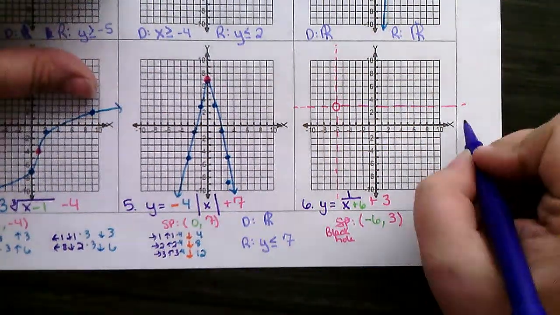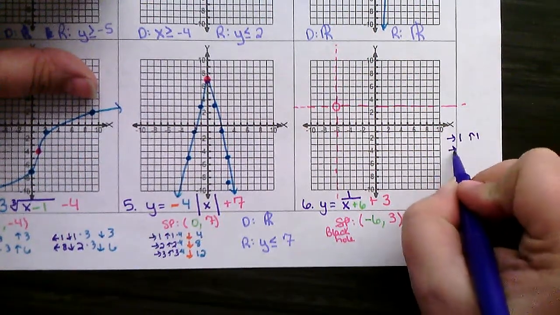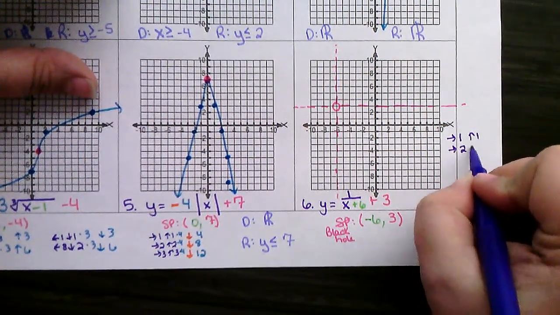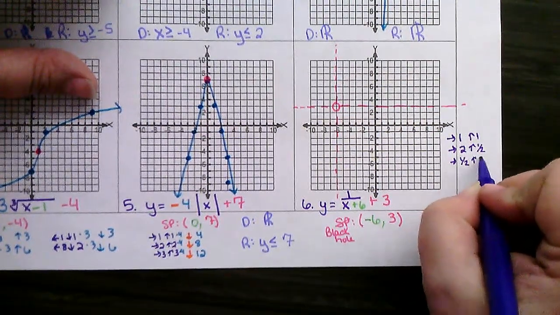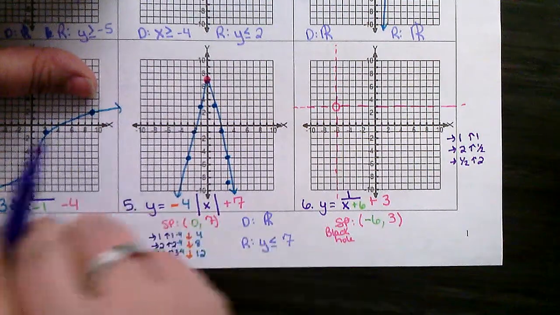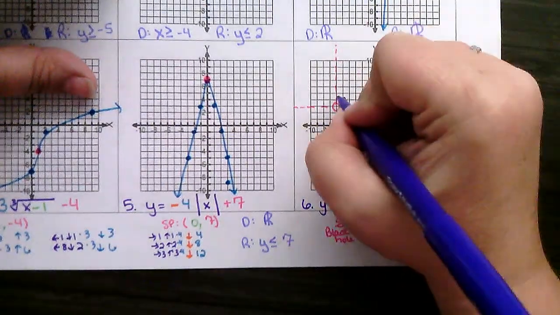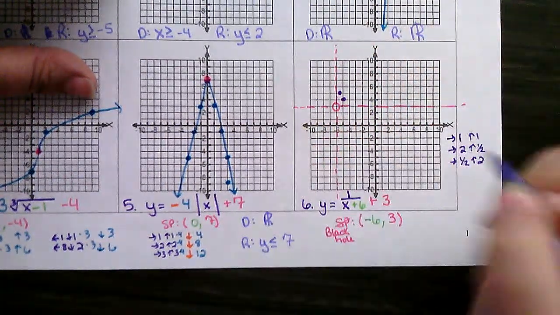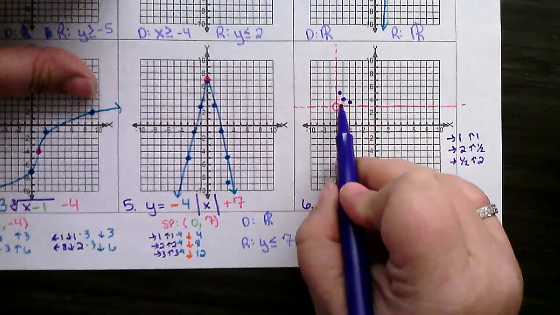Our pattern for growing for these ones are right 1, up 1, right 2, up 1/2, and right 1/2, up 2. Let's see if there's anything to mess with that. Nope, we don't have a stretch or compression. So right 1, up 1, right 2, up 1/2, and right 1/2, up 2.